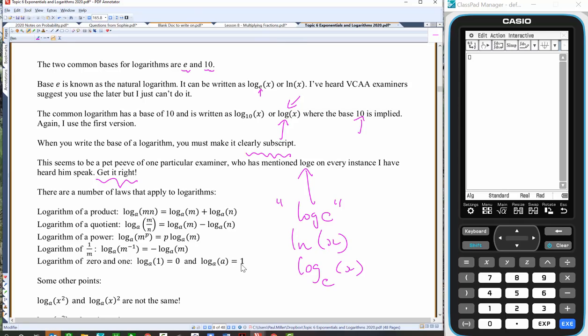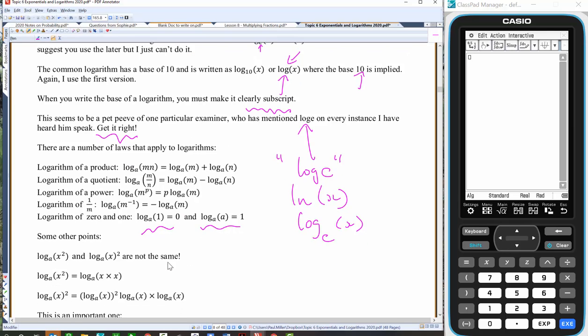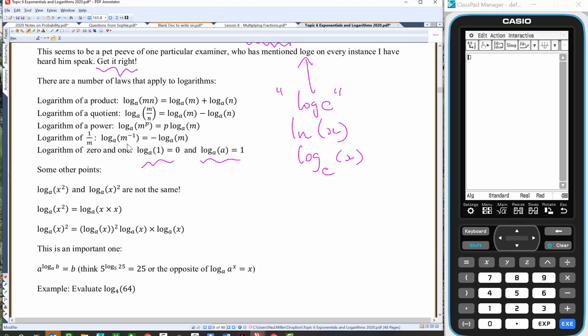Okay, and that's going to be raised to the power of 1. Okay, so important to know that they are rules. All right, other things to note. Log a x squared and log a x all squared, notice the position of the brackets, they're not the same.